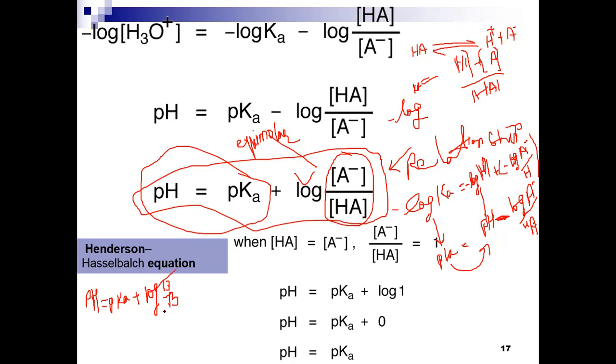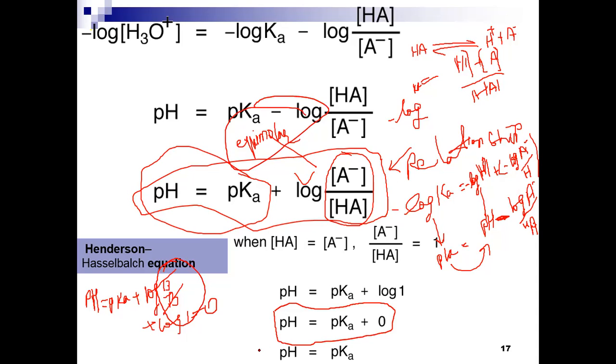This 13 will be cancelled out with this 13 because the proton donor and the proton acceptor are in equimolar concentration. So this will equal log 1, and log 1 is equal to 0. When this value is equal to 0, this expression will be obtained. It means at the position when both substances are in equimolar concentration, pH must be equal to pKa.